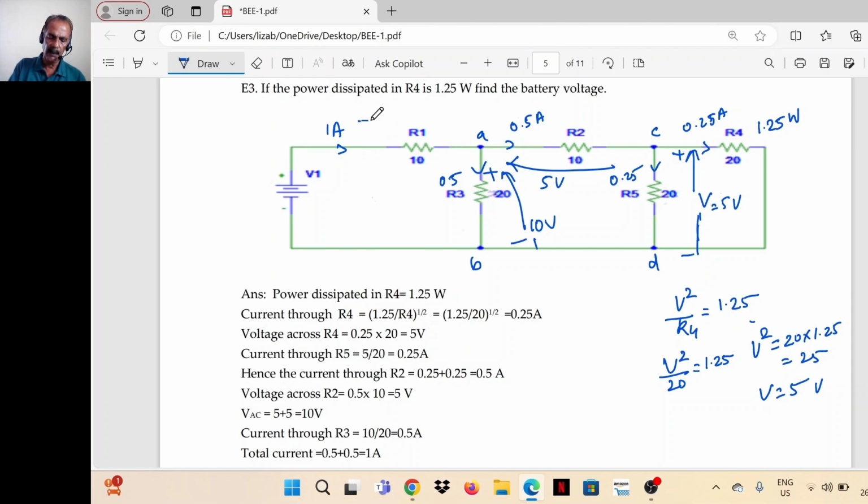So the voltage across R1 is equal to 1 ampere into 10 ohm, that is 10 volts. So the potential difference between B and A is 10 volt. A and battery positive another 10 volt. Adding 10 plus 10, 20 volt is the voltage across the battery, or battery potential is 20 volts.